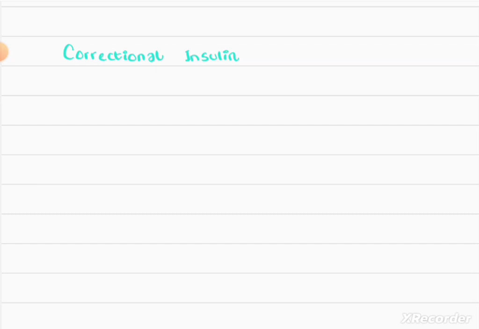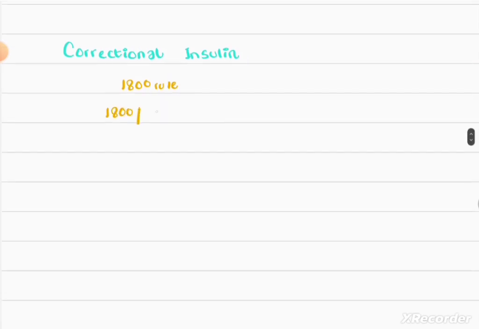So there is a rule called the correctional insulin need rule, or the 1800 rule, in which we divide 1800 by the TDI, which is the total daily dose of insulin, and it gives us the milligram per deciliter of glucose that will be lowered by 1 unit of rapid acting insulin.